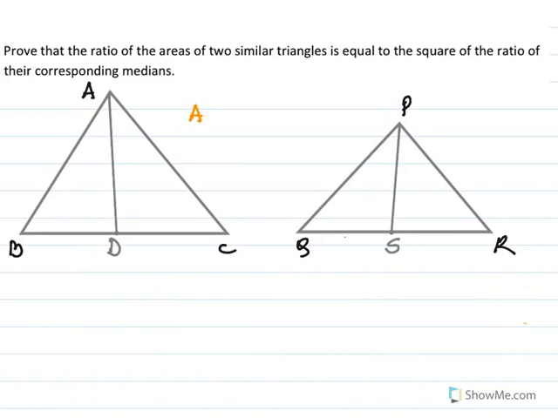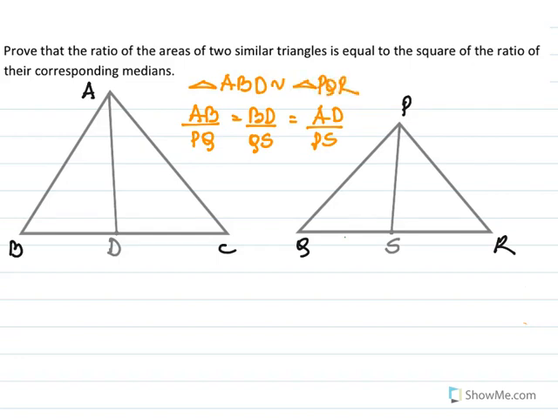And why was that? Because we showed the yellow triangle ABD is similar to triangle PQS. Now these large triangles ABC and PQR we know are similar, and this was given to us.